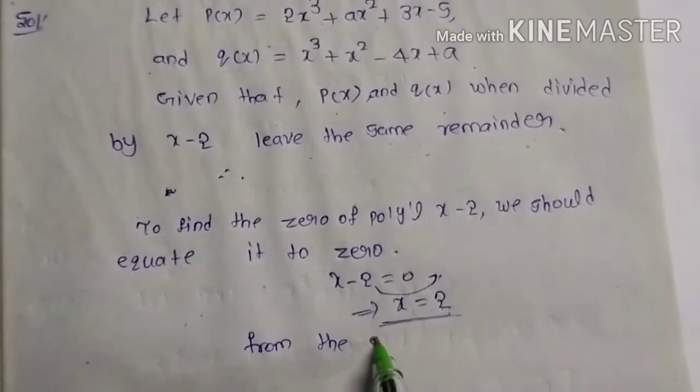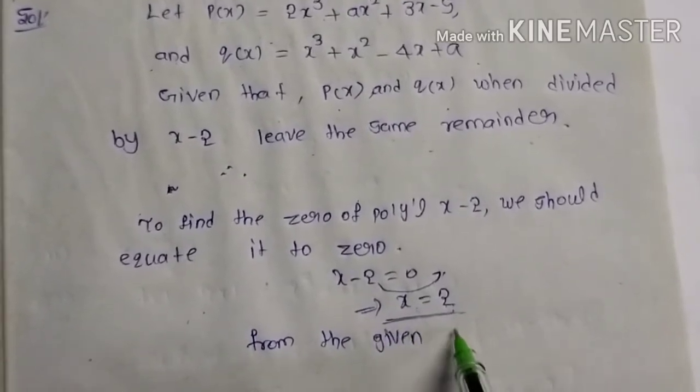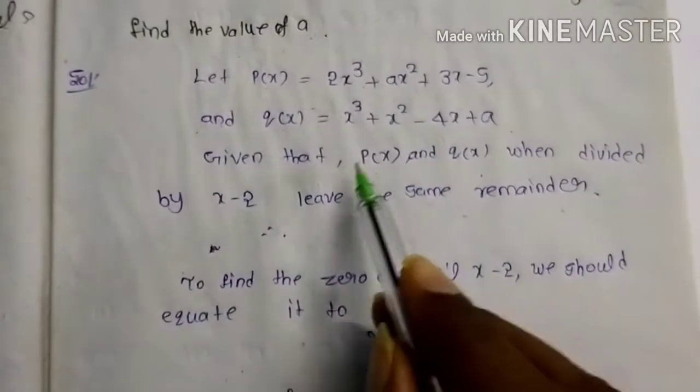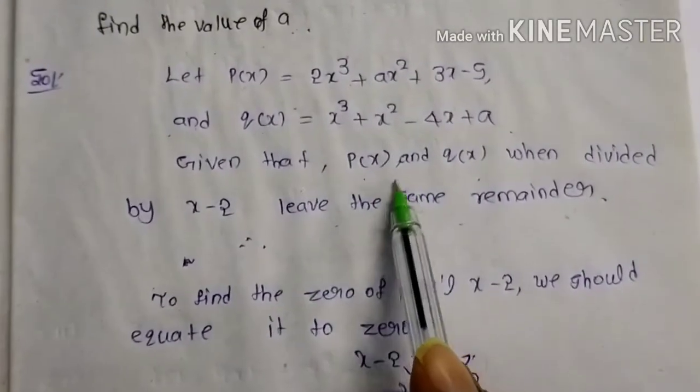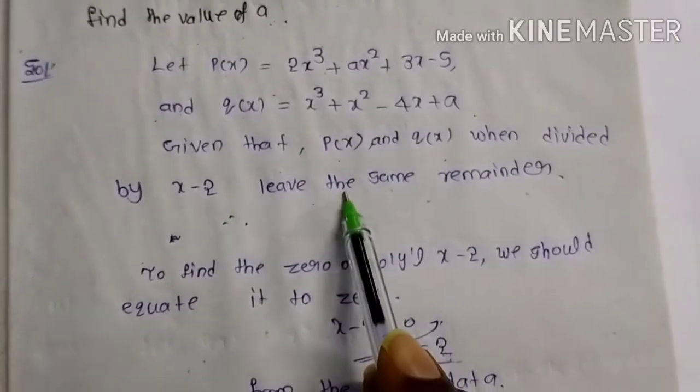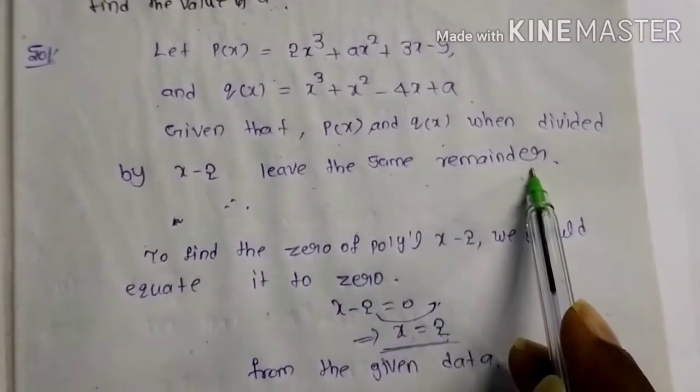So that I am writing from the given data. What they have mentioned here, from the given data, p of x and q of x when divided by x minus 2 leave the same remainder.